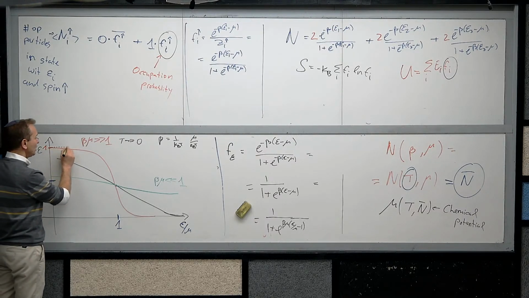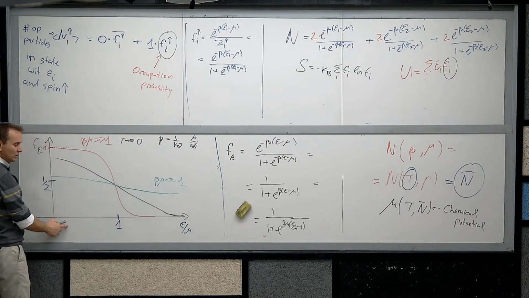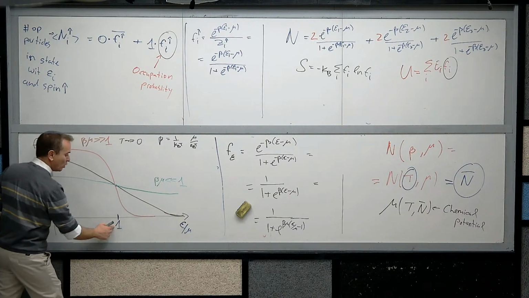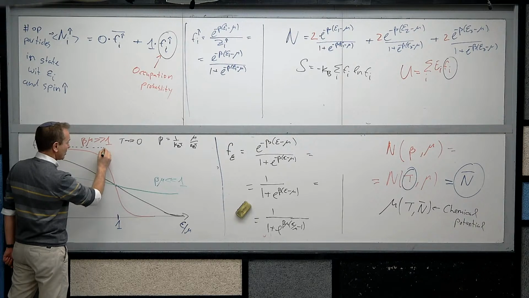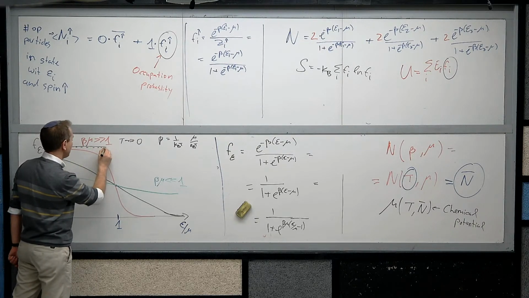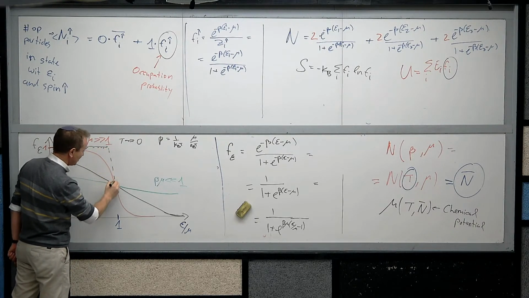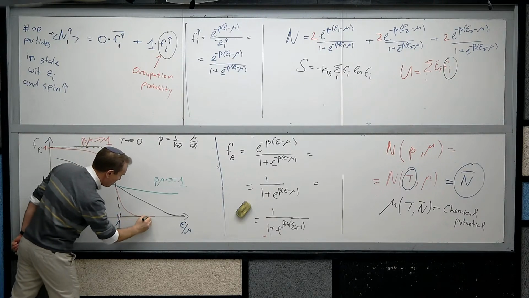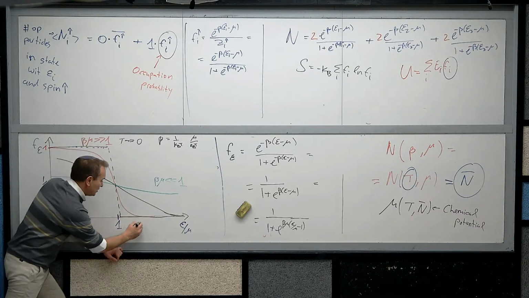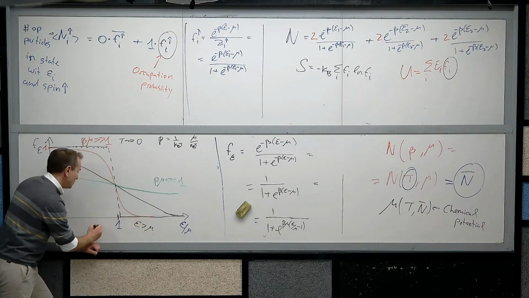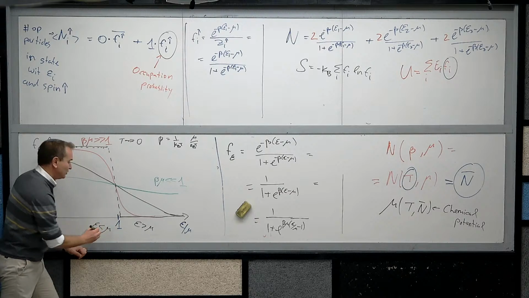The state is going to be occupied if epsilon is smaller than mu, and not occupied when epsilon is larger than mu. Here epsilon is larger than mu; here epsilon is smaller than mu.